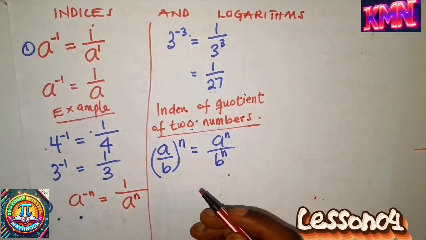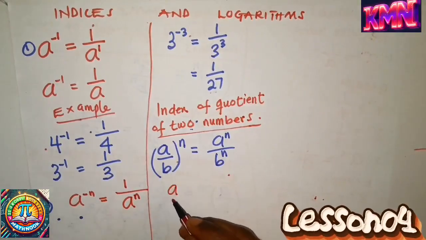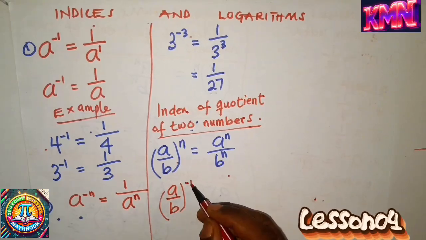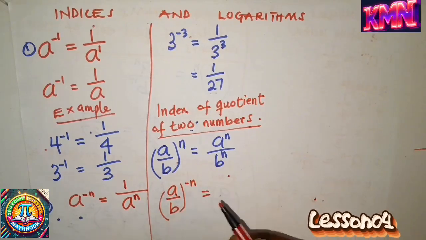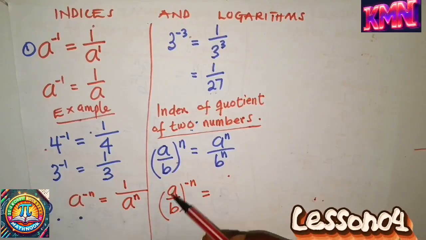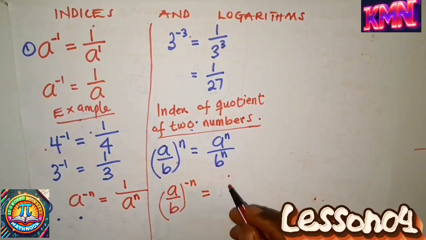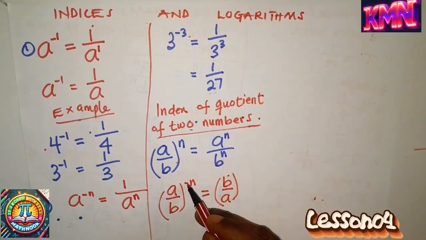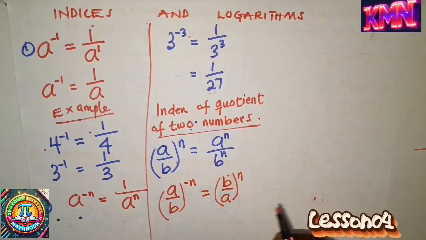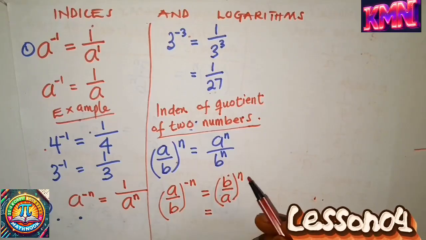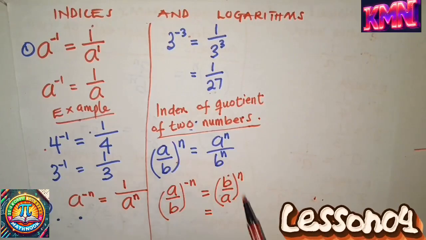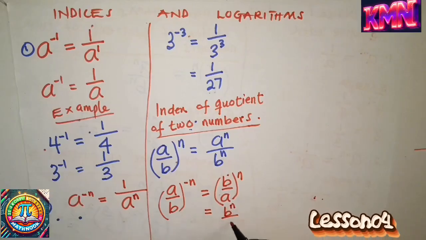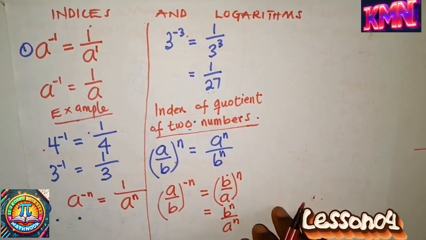A situation whereby we have a number on another number to the exponent of -n, then, as we said, you need to reciprocate the quotient, and that will give us b on a, so that we can change this to positive. Then after that, you are not done. We get b exponent n on a exponent n.